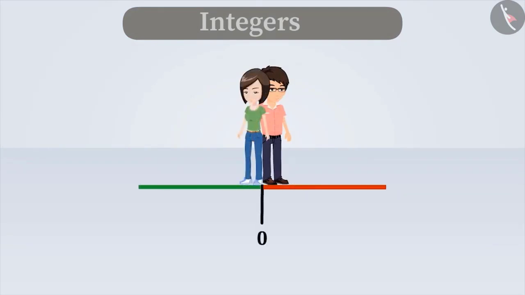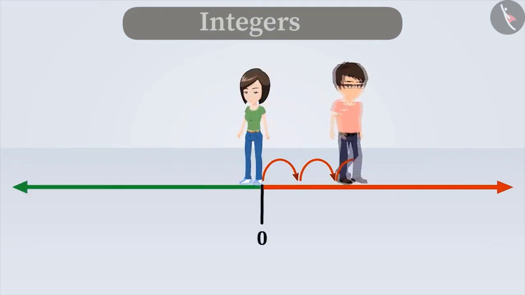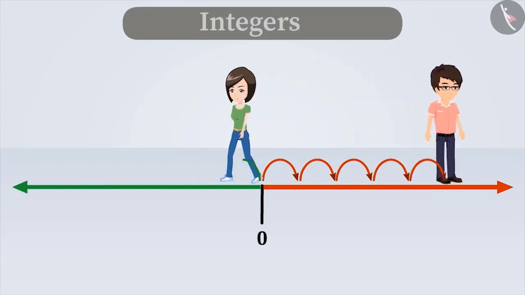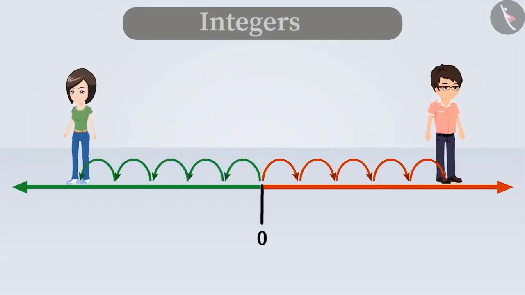Walking towards the right and walking towards the left may be represented by positive and negative numbers respectively. But take note that distance is always positive.